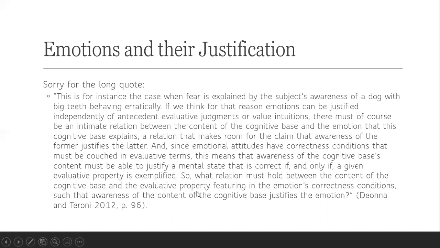Here's the key at the end. And I realize this is long and confusing and quite a mouthful, but this is what we're after. What is the nature of this relation between the content of the cognitive base or bases of our emotion and the evaluative property that features in the emotion's correctness conditions? Because it's that awareness that's going to justify the emotion.